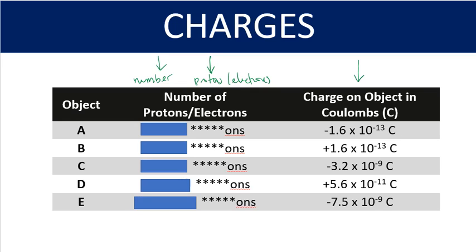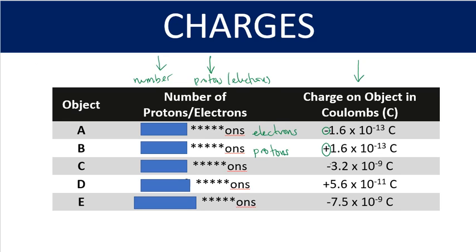Let's first decide on whether we have protons or electrons. Look at the sign here. That's a negative. So that means for A, we have electrons. Now look at the sign here. For B, it looks like we have protons.